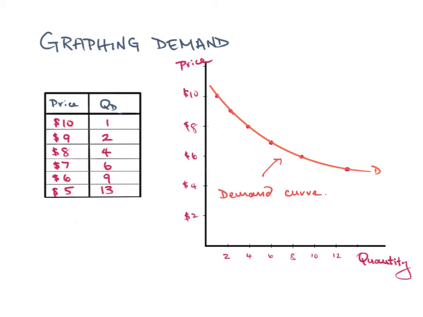Now, when we graph demand curves, the one rule for them is that they slope down. They slope down.